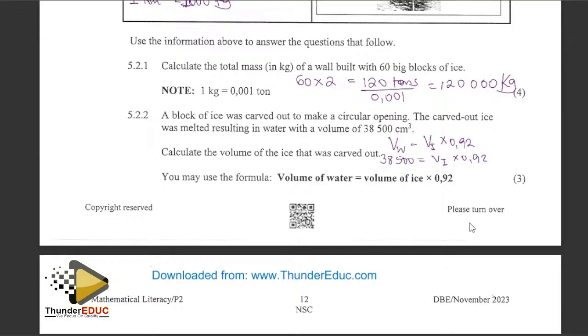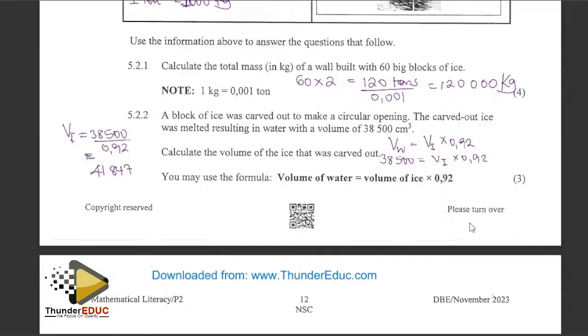So the volume of ice will be 38,500 divided by 0,92, which is 41,847.